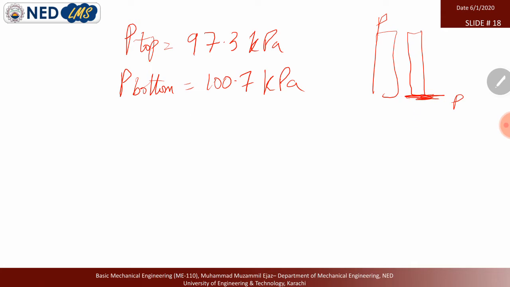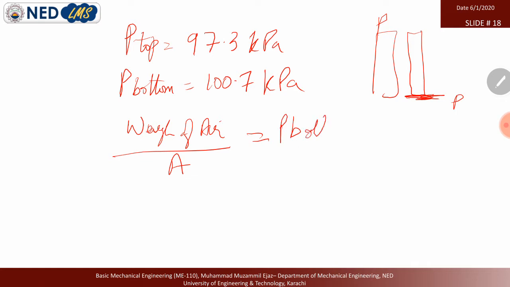So the difference of pressure, the weight of air divided by its area, is the pressure of air at the bottom. It is simply P bottom minus P top.